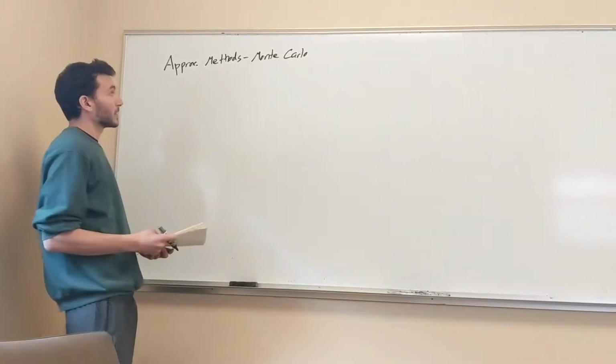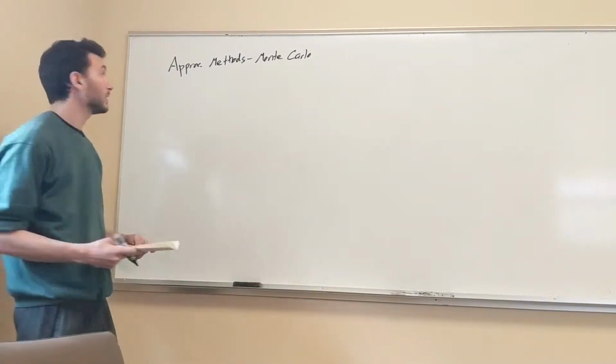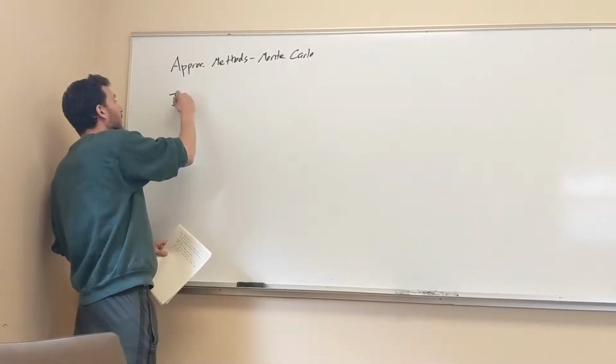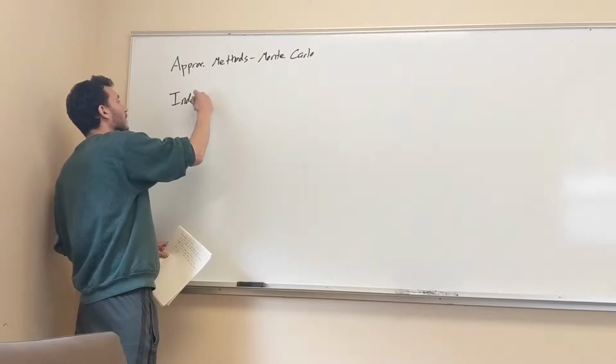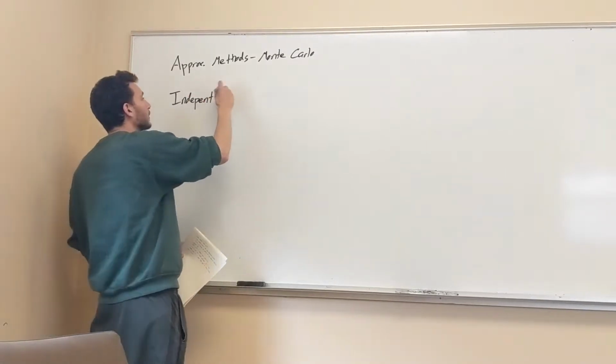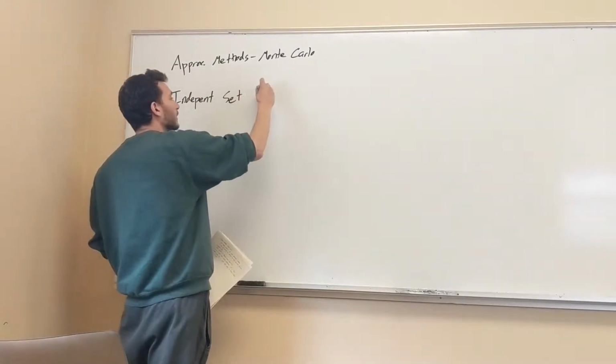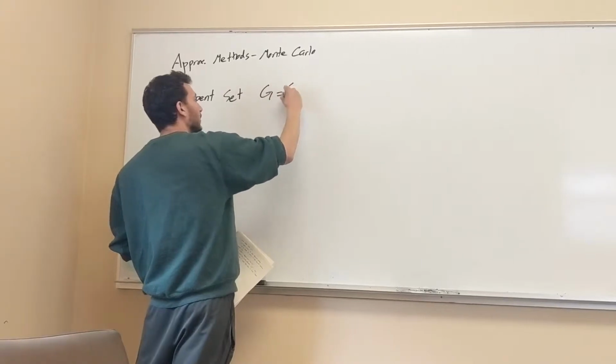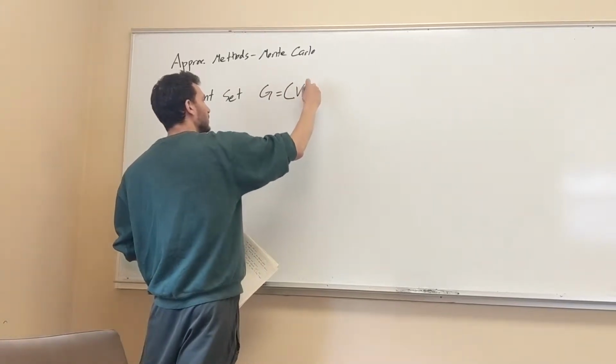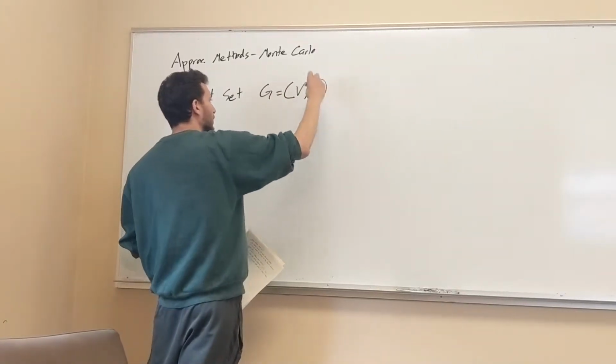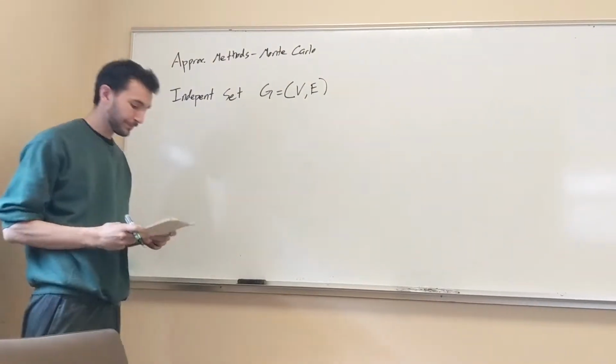The problem that we're going to look at today as an example is that of the independent set for a given graph G made up of V vertices and E edges.